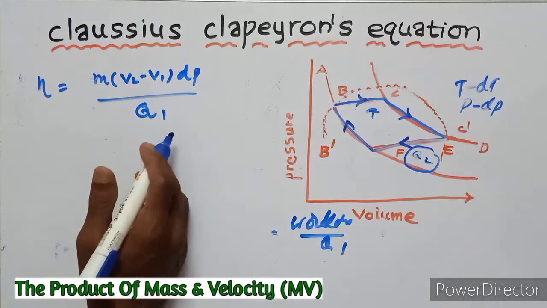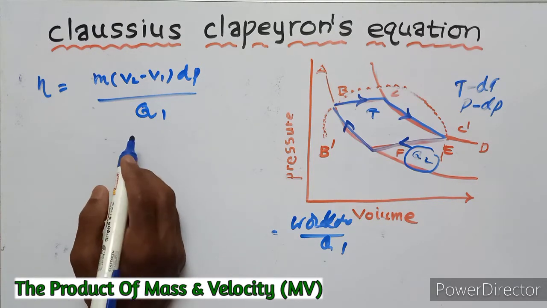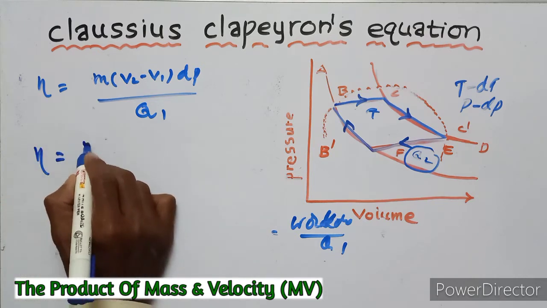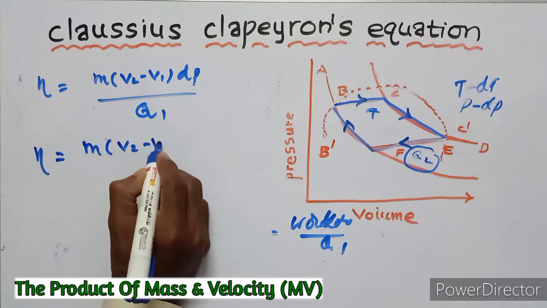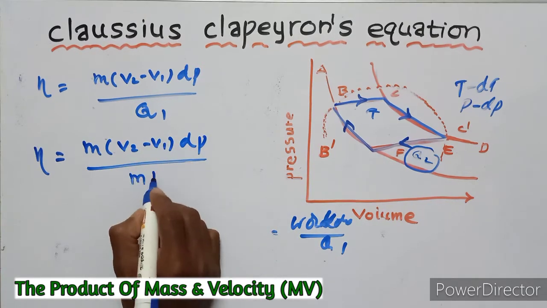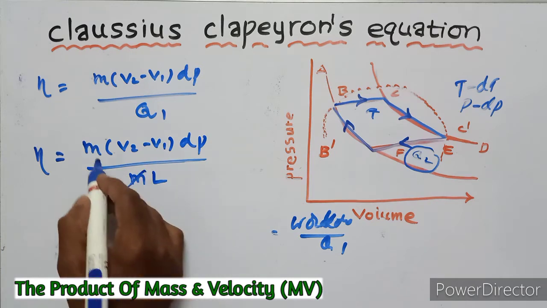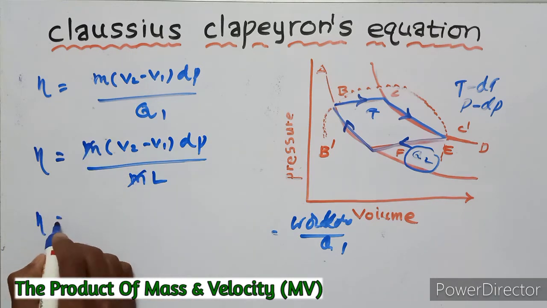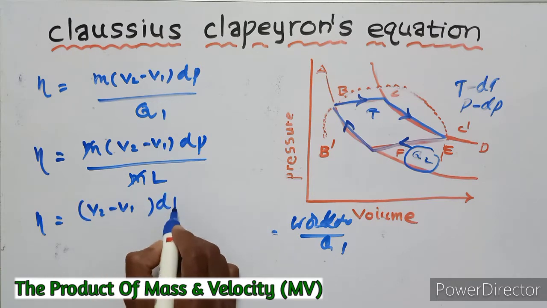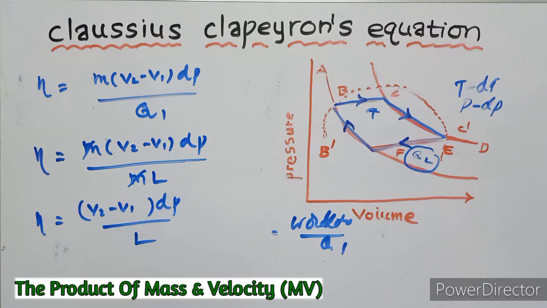Here Q1 is mL, the product of mass and latent heat. So eta equals m into V2 minus V1 into dP upon mL. Here m cancels, remaining eta equals V2 minus V1 into dP upon L. This is our first equation.